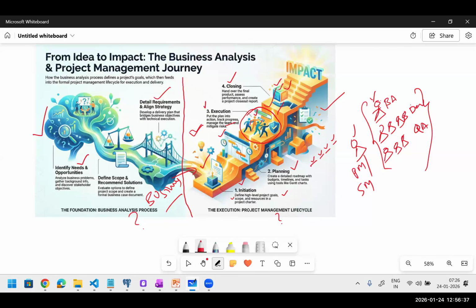That could be a mobile application or a web application or an automation solution or an AI chatbot, based on the type of problem they are facing and the type of solution to be implemented, but as a team.